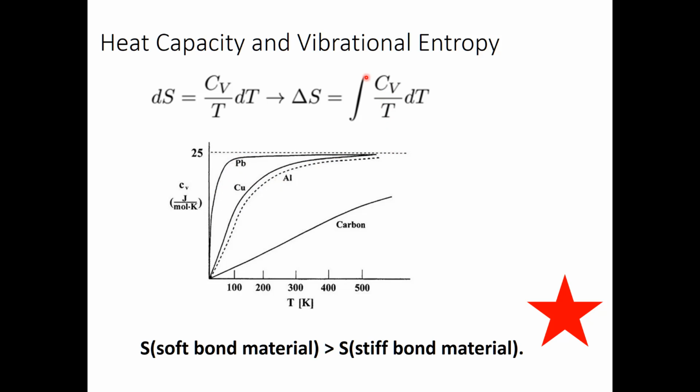So just for now, just imagine the entropy of these materials as proportional to the area under this curve, right? So the area under the lead curve is a lot bigger than the area under the carbon curve, up to a certain temperature. So in other words, the entropy of a soft material is much larger than the entropy for a stiff material.